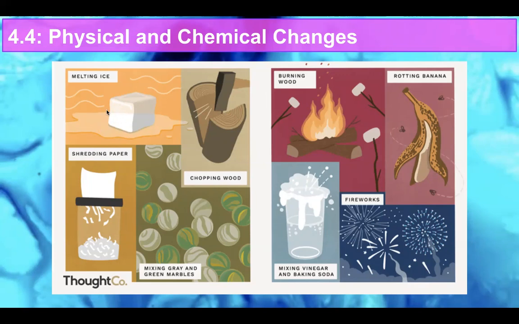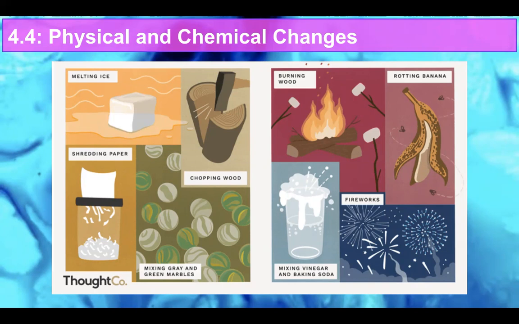So in that case, the melting ice, so heat is being absorbed by our block of ice, and the water is transitioning from a solid to a liquid. All that means is that the intermolecular forces, the hydrogen bonds, are breaking between the water molecules. And remember, hydrogen bonds are not bonds, they are just intermolecular forces.